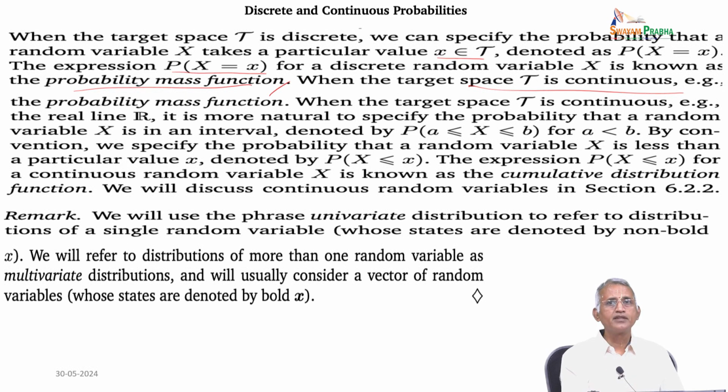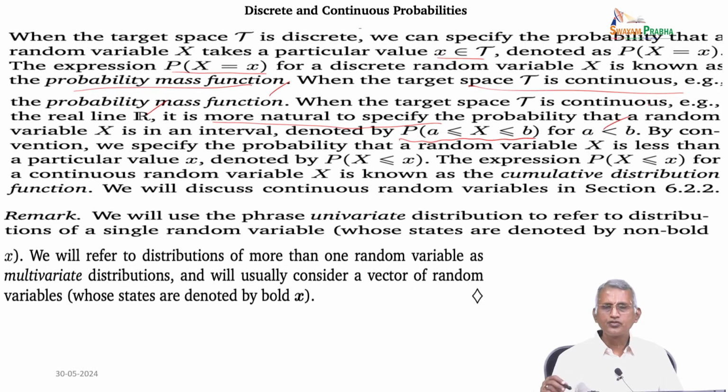When the target space T is continuous, that is the real line R, it is more natural to specify the probability of the random variable x in an interval, denoted by probability of a less than or equal to x less than or equal to b, where a and b are the extremities, the bounds.